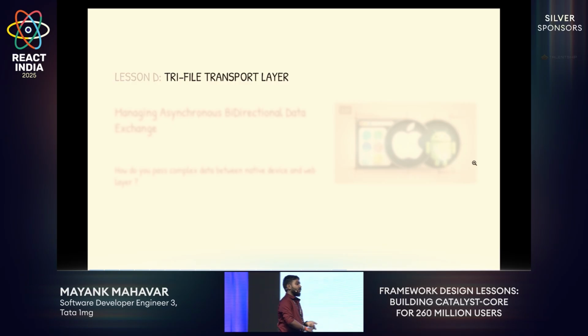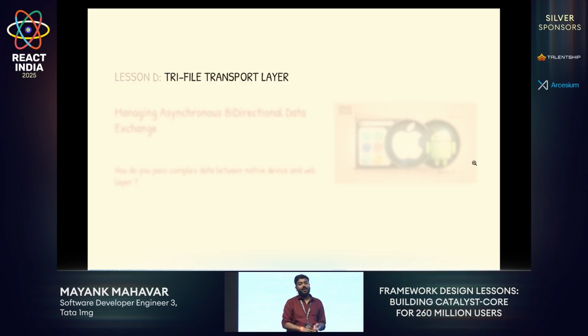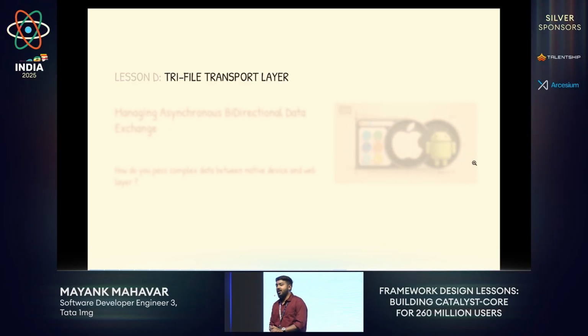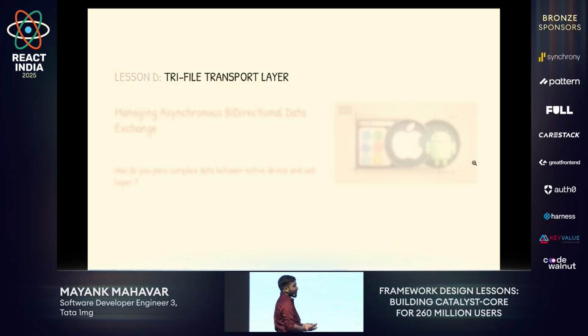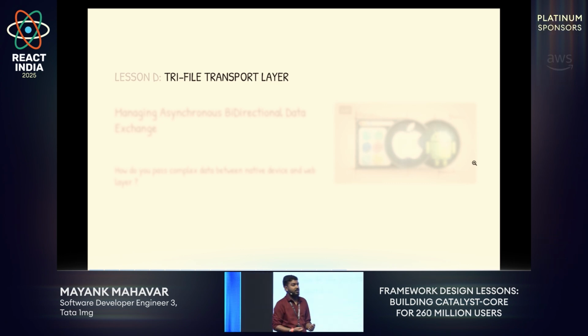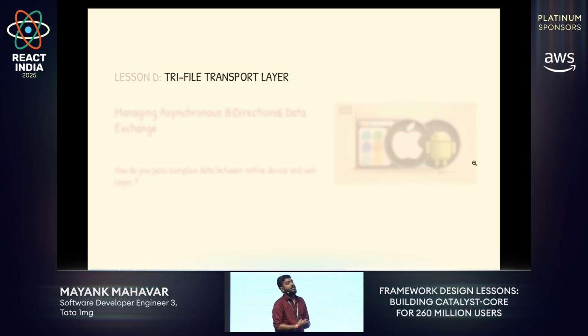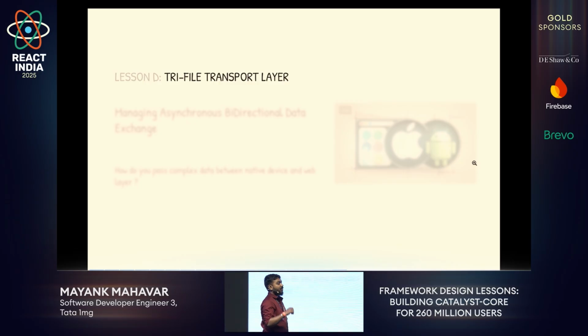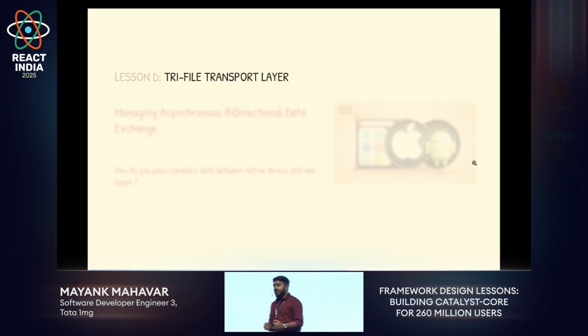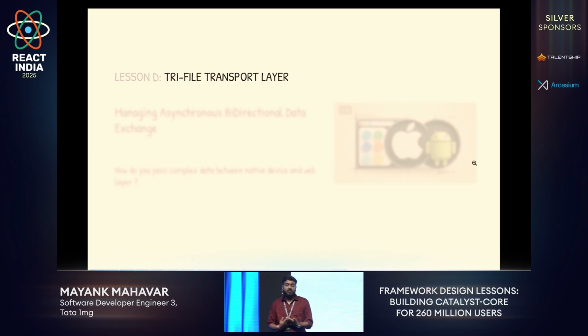I made WebView on steroids. I made sure the perceived performance is better. I made sure I'm able to get that native API UX as well. Now, what is left? One day, one of our teams which was using this framework came up to us and said that we are trying to attach a file which is 14 or 15 MB on average, and our largest size is 20 MB. And because of that, the web feels very slow.